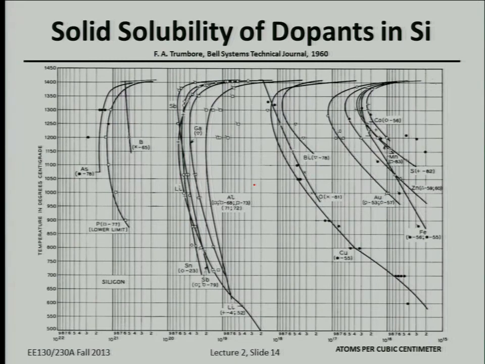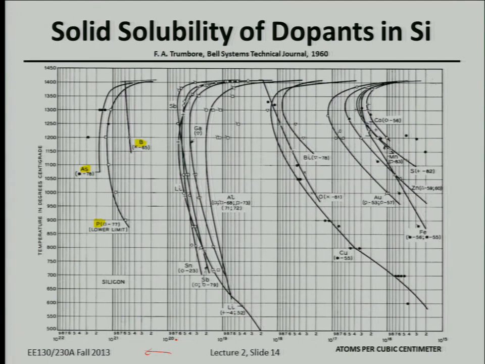This plot shows the solid solubility of various dopants as a function of temperature in silicon. The most significant dopants to notice are arsenic, phosphorus, and boron. If you look at this chart, you have increasing solid solubility to the left. If you want a large number of dopants to be able to substitute for silicon, you want a high solid solubility.